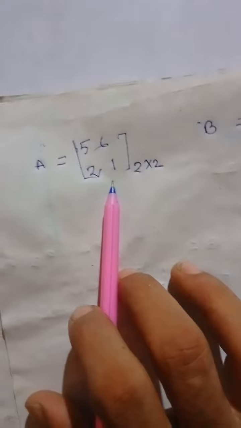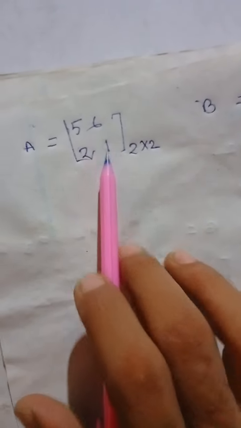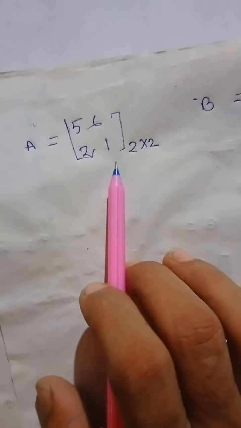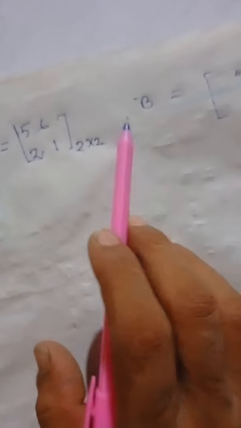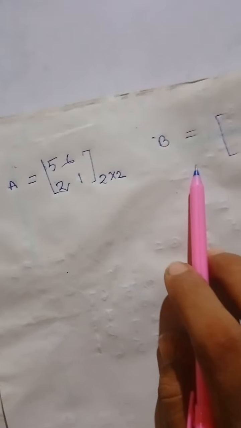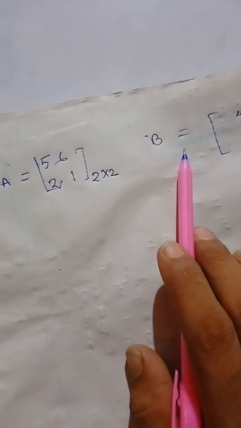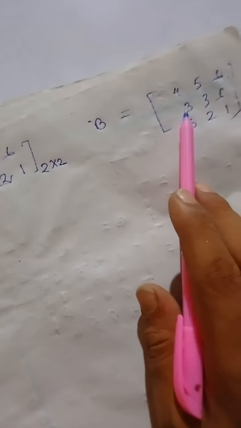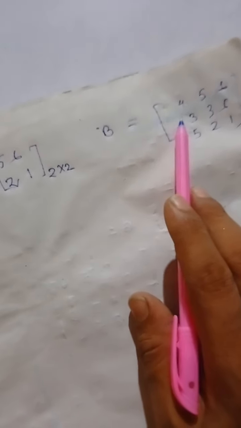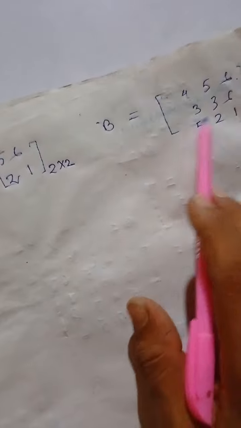Matrix A is a submatrix of matrix B because matrix A is obtained by deleting the first column and second row.